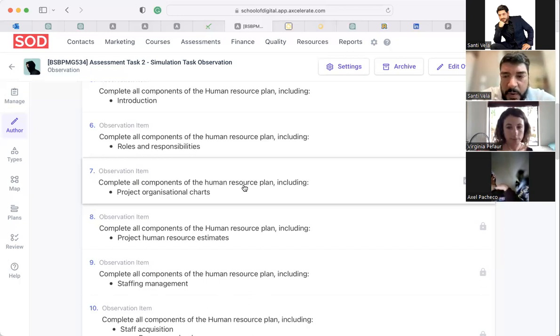All right. Question number 8. Before we define what the project human resources required are, we need to run some estimations. And for us to define what could be a good estimate, we can take advantage of information that we already have.